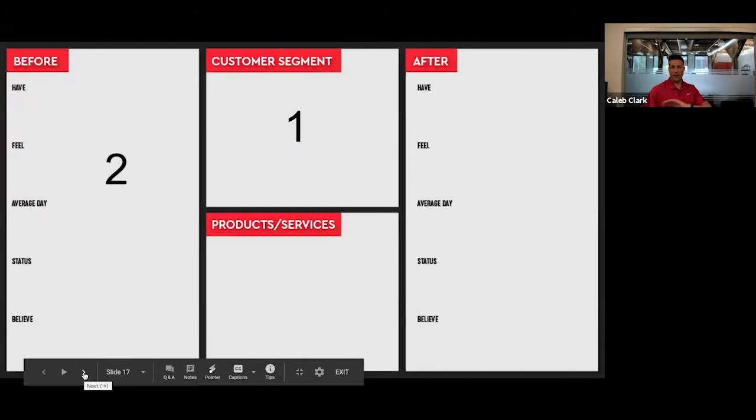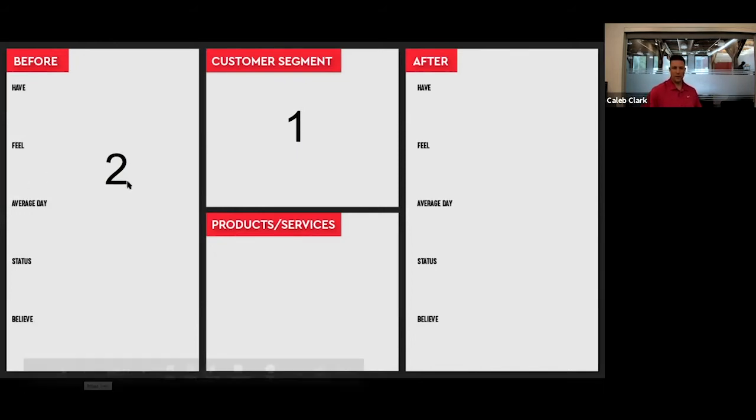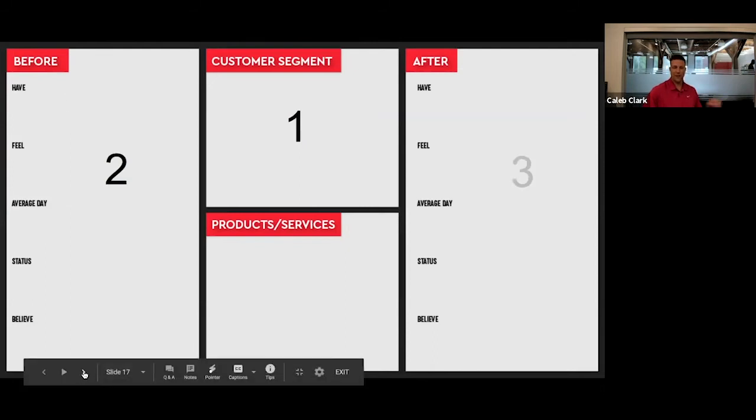And not thinking at all about any of your products or services yet, just thinking specifically about your customer segment, right? So if your customer segment is a brand new mom with a brand new baby, what is her non-ideal before state, to try to define them. And then putting yourself in their shoes, what does an ideal after state look like for that person?